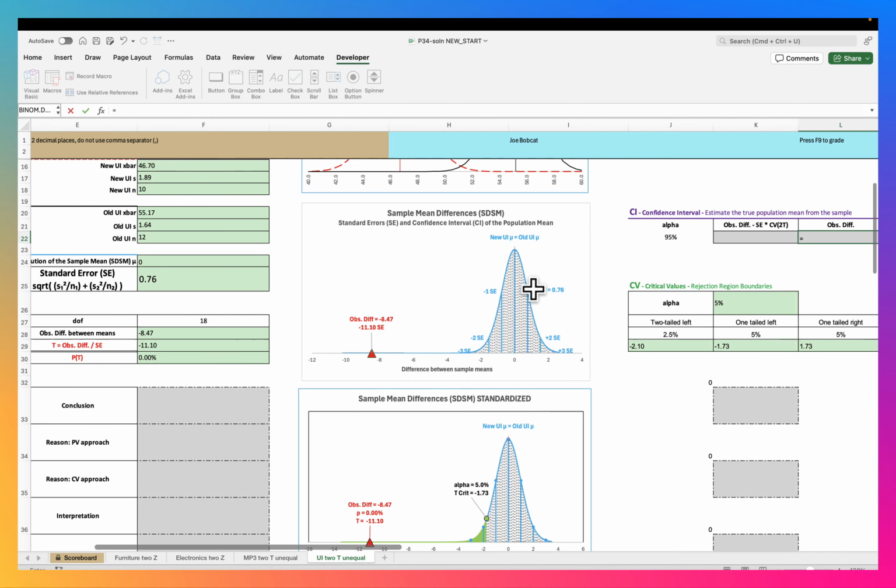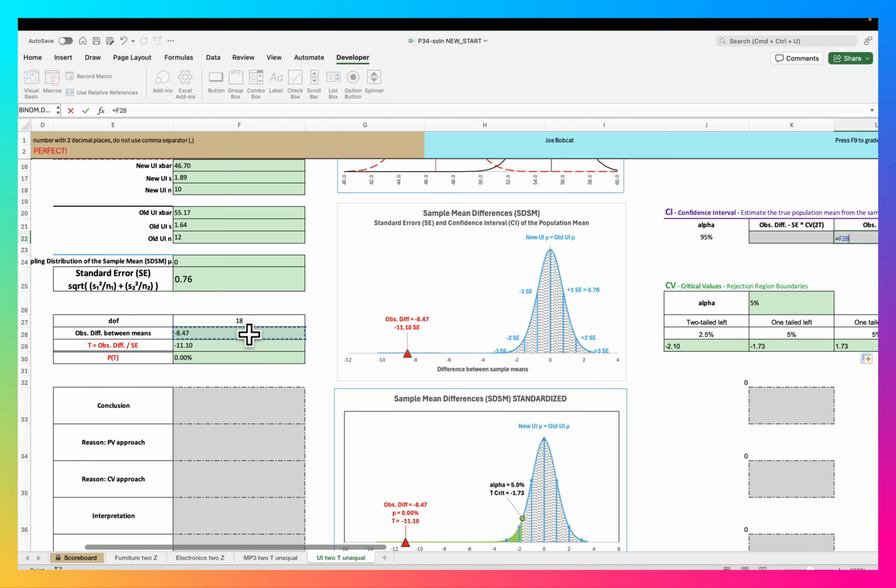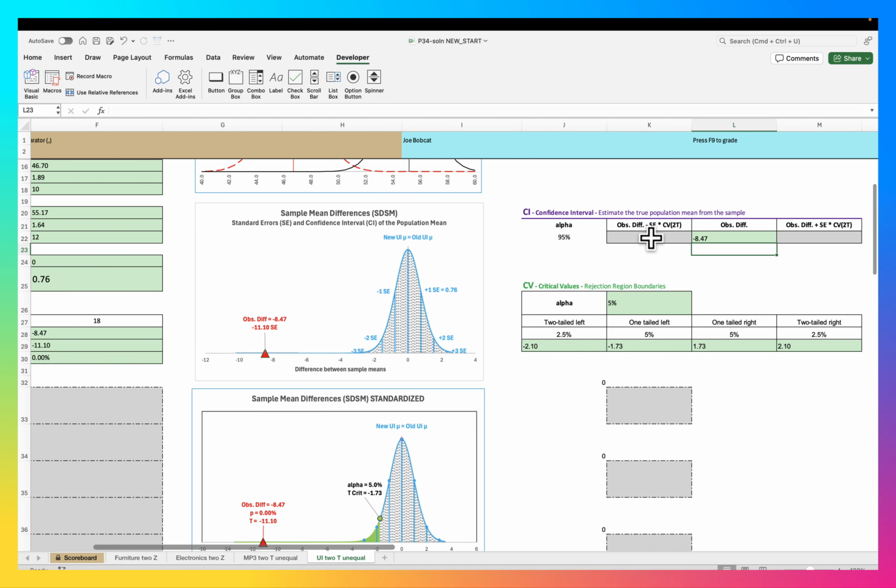Our observed difference here was that number, and then we subtract from that the standard error times the one tail left, because that's what we are. Oh, sorry.